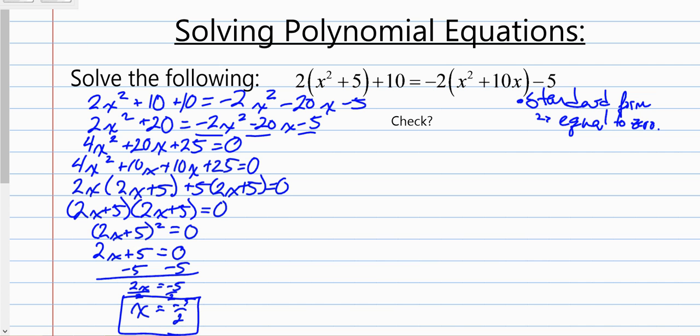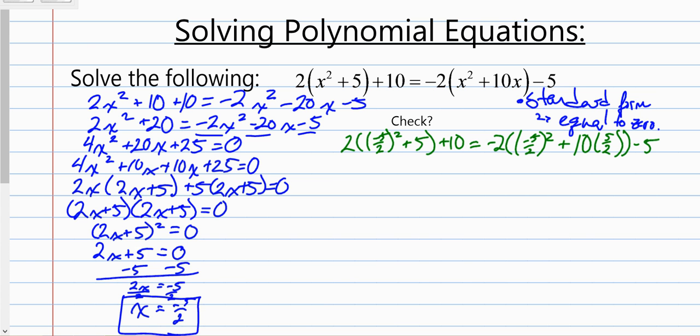In order to check it, I need to make certain that 2 times my negative 5 halves squared plus 5 plus 10 equals negative 2 times negative 5 over 2 squared plus 10 times negative 5 over 2, minus 5. I need to make sure these two are equal.